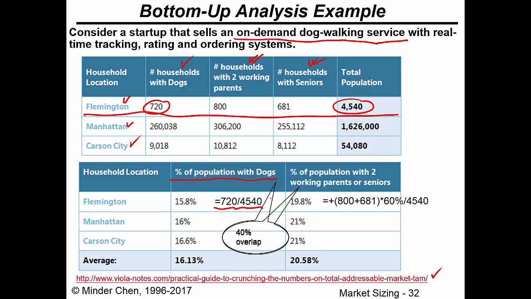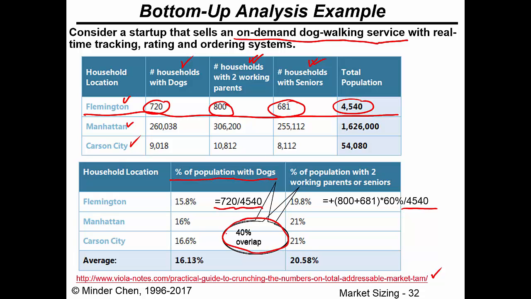So it's about 16%. And the percentage of population with 2 working parents or seniors is really this 800 plus 681 together, divided by 4,540.